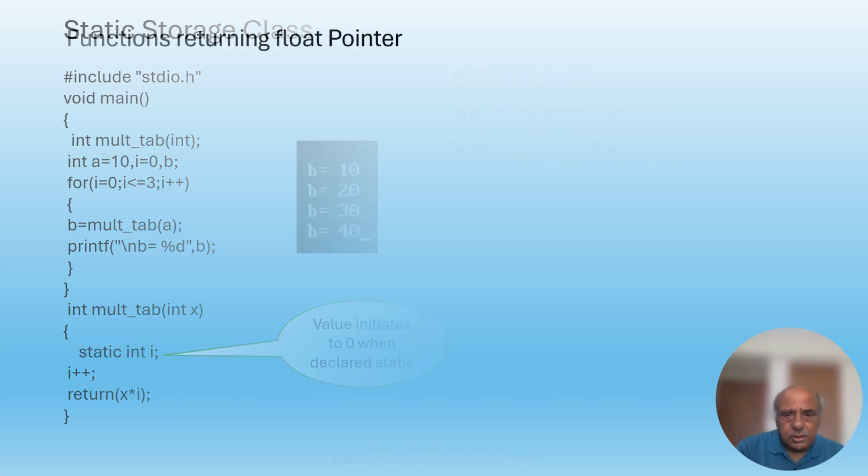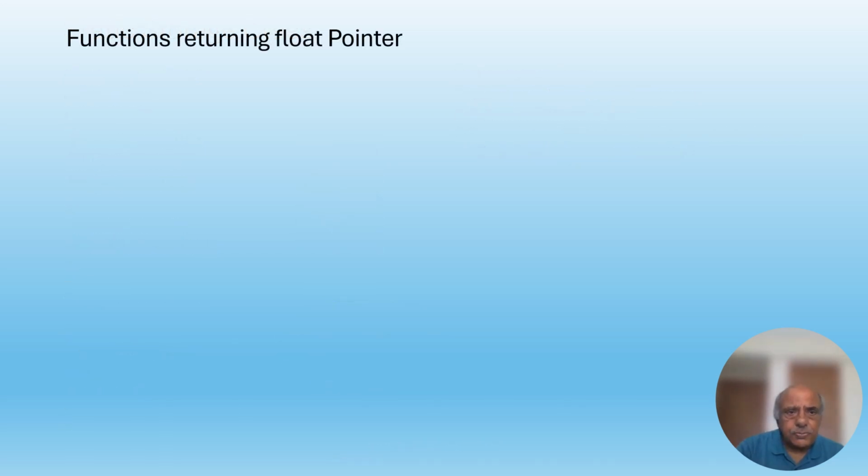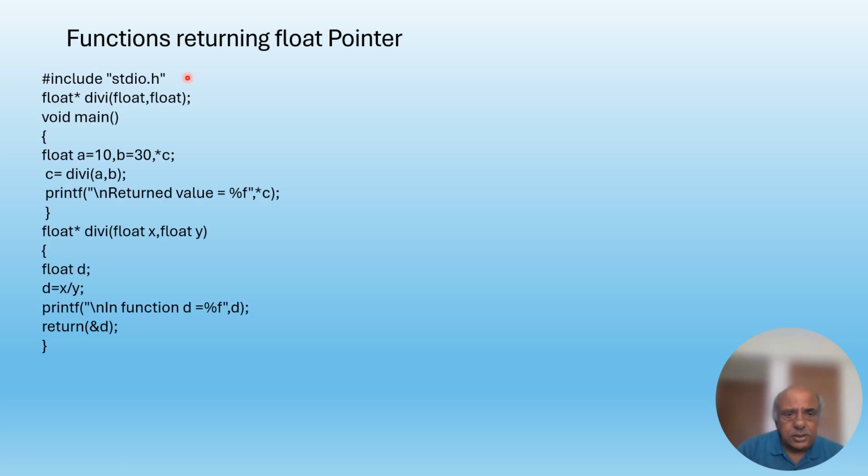Now why is this useful? Let us see. We are now seeing how functions can return a pointer. In this program, we are returning a float pointer. So we have declared the prototype of the function as float star.